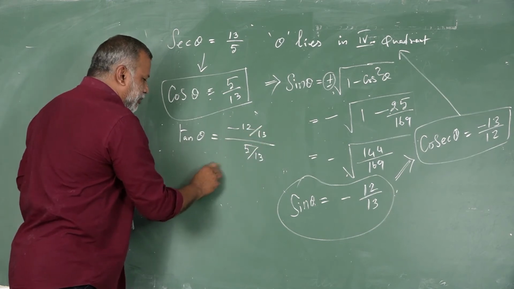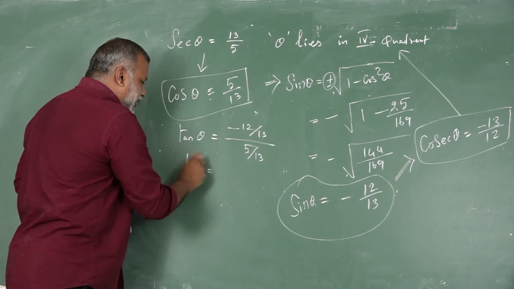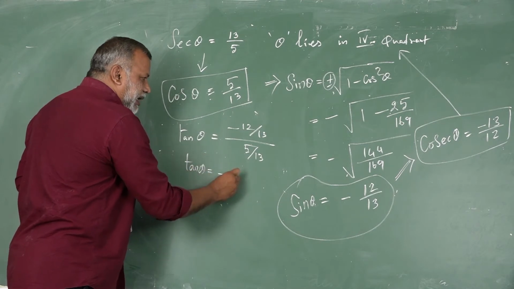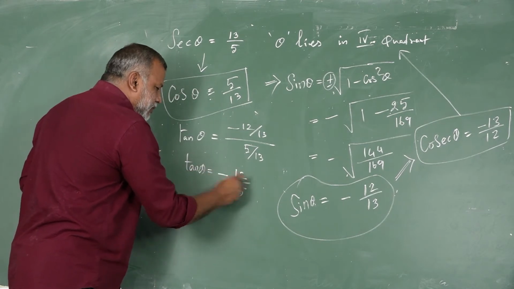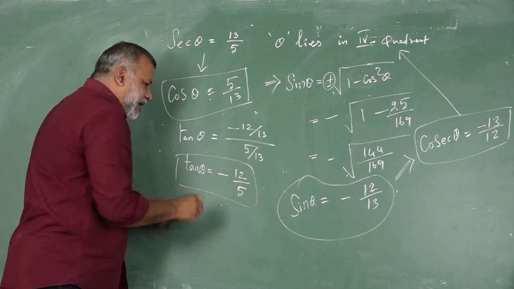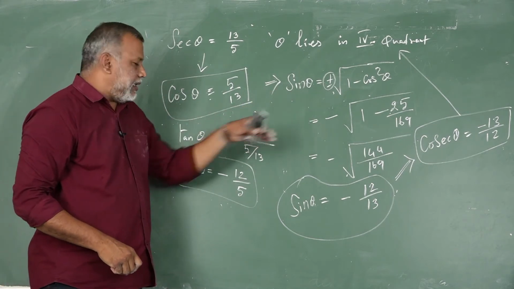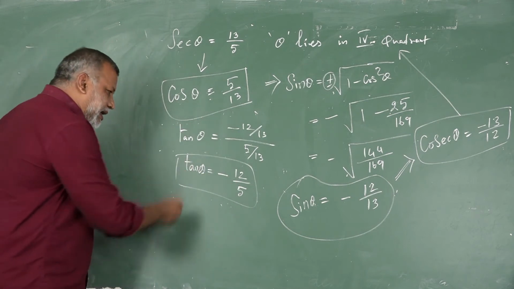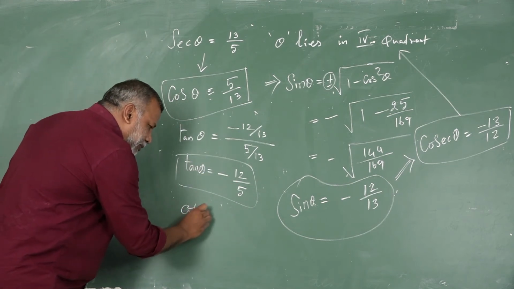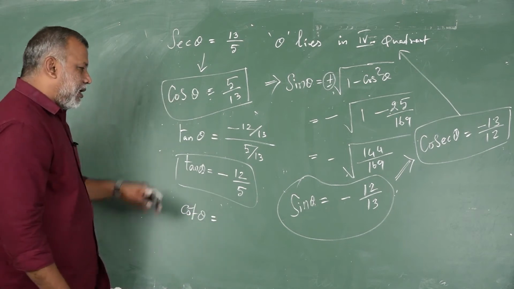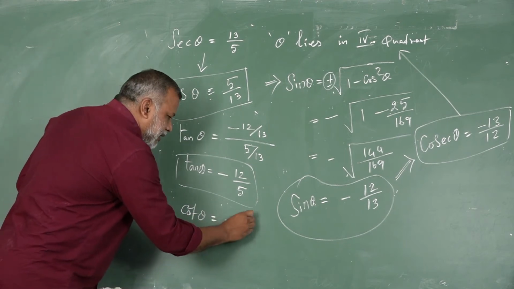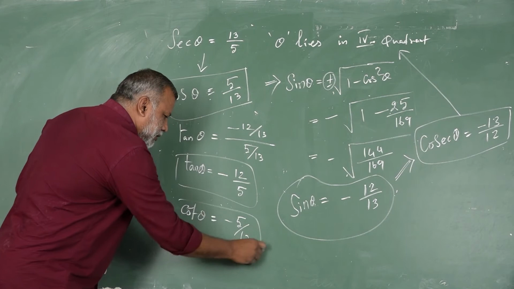The 13 cancels, so tan theta is equal to minus 12 by 5. See here, tan gets negative. Why? It lies in the fourth quadrant, so tan gets negative. In the same way, cot theta equals minus 5 by 12.